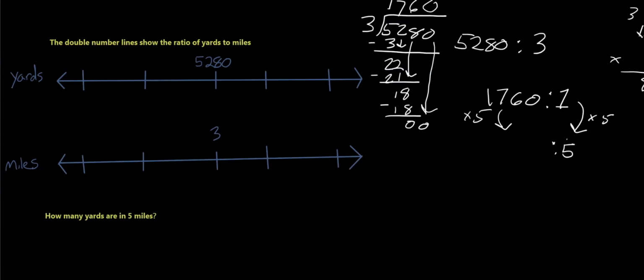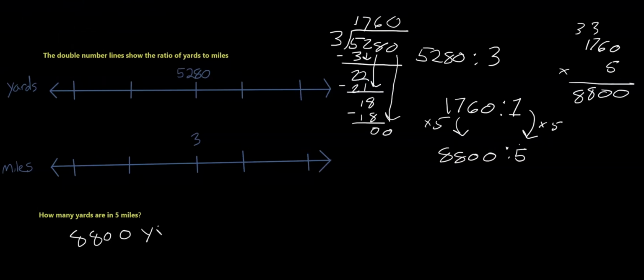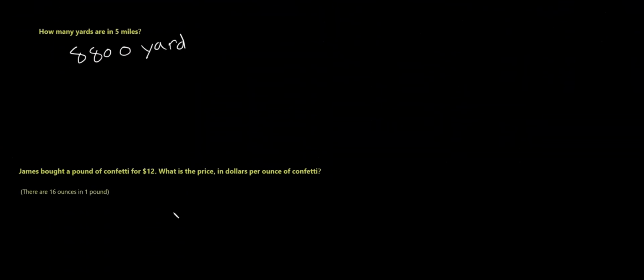And 5 times 1 is 5, plus the 3 is also 8. So there are 8,800 yards in 5 miles. So we can go ahead and write that, 8,800 yards. So let's move on to our final problem.